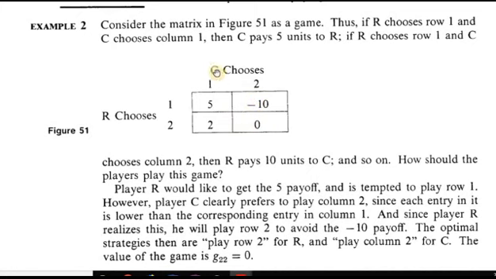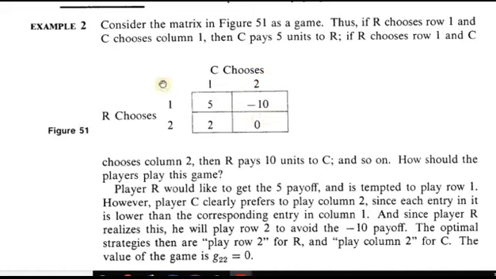Player C is going to choose the column that maximizes his minimum benefit. His minimum benefit here is represented by the 2. Sorry, it is represented by the 5, because that's his maximum loss. His maximum loss is his minimum benefit. And in column 2, his maximum loss is 0, so that's his minimum benefit.